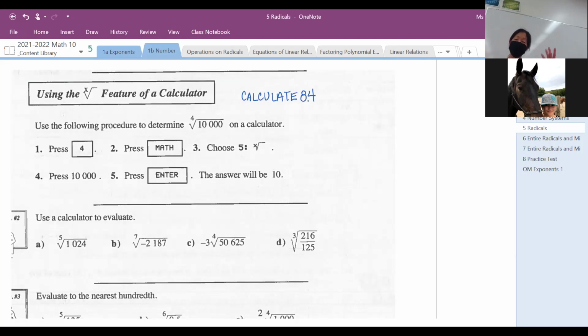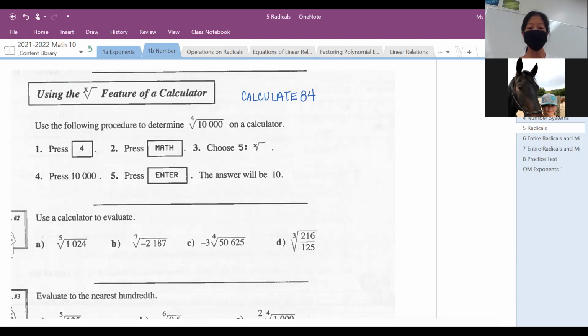So I would agree, this is fine to have your phone out for this. Do you have to sign up? We don't have to spend $100. No, you don't have to spend money on it. Look at Zachary's calculator, it looks identical. Isn't that great?